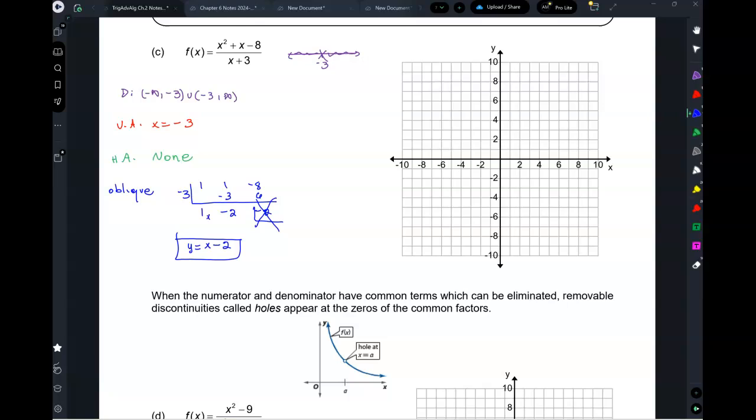So vertical asymptote, -3. Why don't we care about the remainder? Because the oblique asymptote doesn't care about that. It's this polynomial that is the oblique asymptote, and the remainder is just extra. So the oblique asymptote is x minus 2.